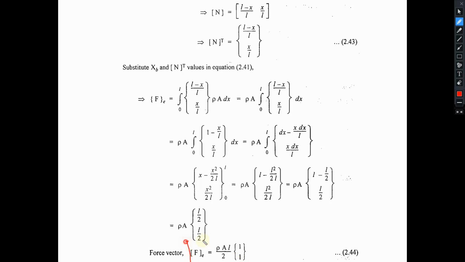So this is the expression for the force vector for a one-dimensional bar element with area A and length L. For an element, Fe is equal to the force acting in the entire volume, rho into area into length by 2 into 1 1.